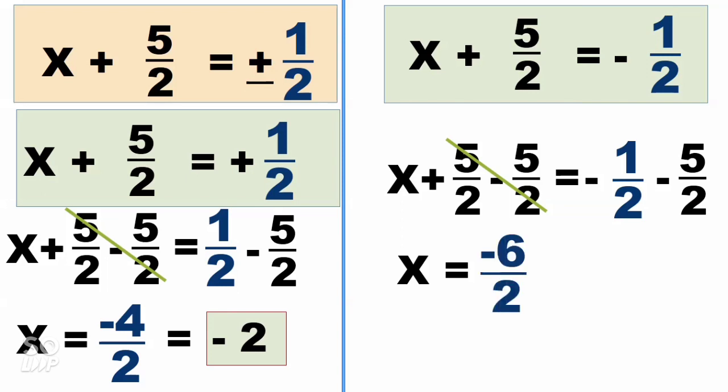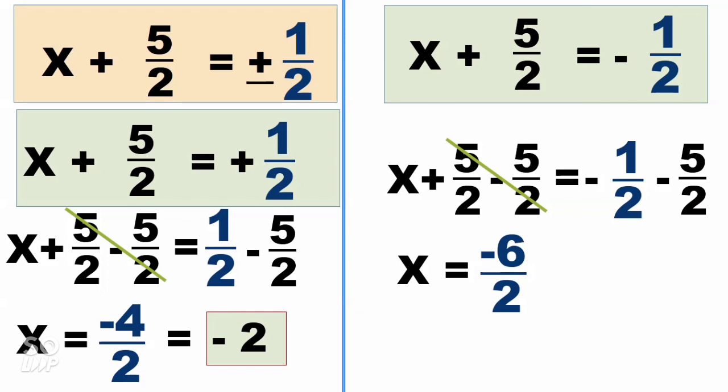Bakit negative 6 over 2? Tingnan muna natin yung fraction natin. Ang fraction natin is similar, magkapareho ang denominator. Pagka magkapareho ang denominator ng fraction, kinakopy lang natin yung denominator, and then sa numerator, ina-add natin or sinasubtract. And then, negative 1 plus negative 5.